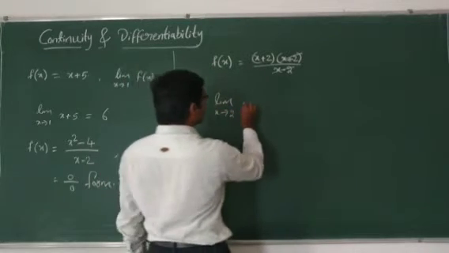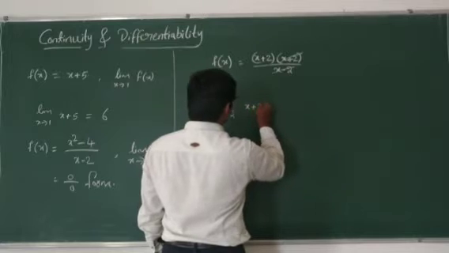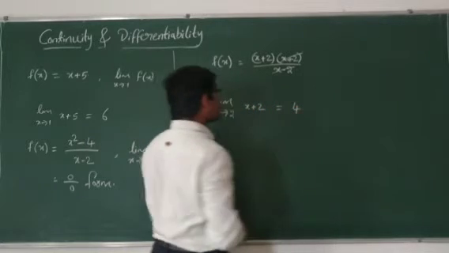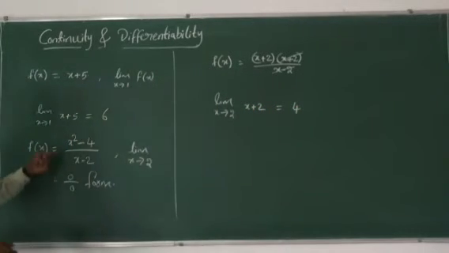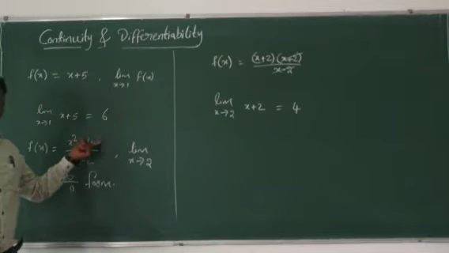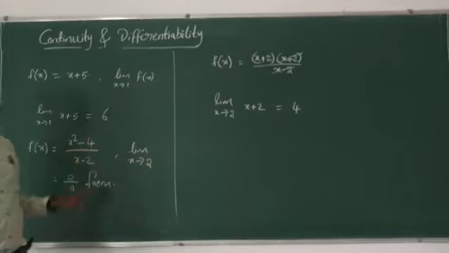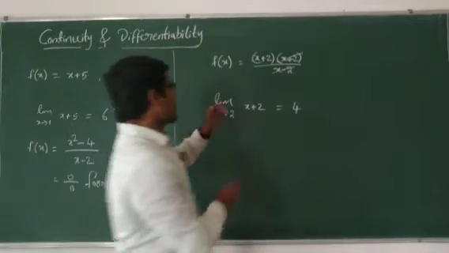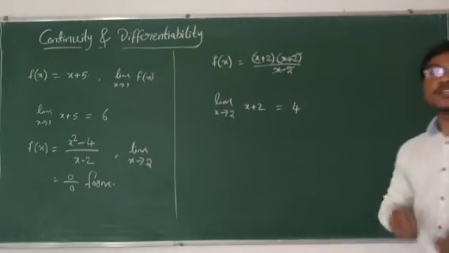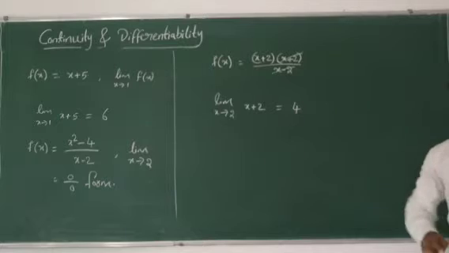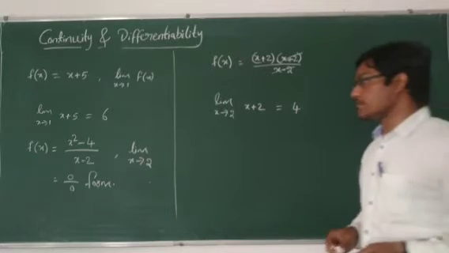Now, limit x tends to 2, f of x is x plus 2, which is equal to 4. So, the other method is you can take the factors, and then you can cancel out one of the terms. In the remaining term, you can substitute the value directly.